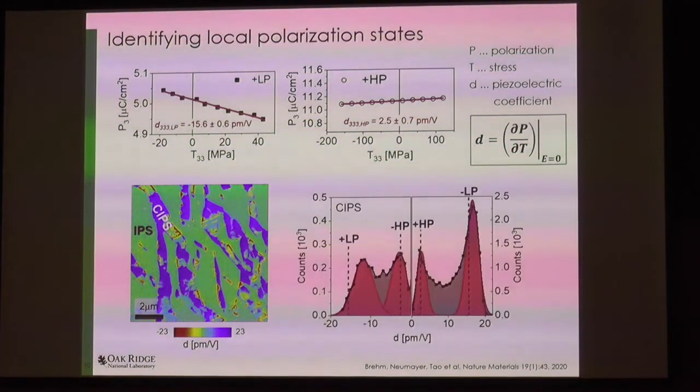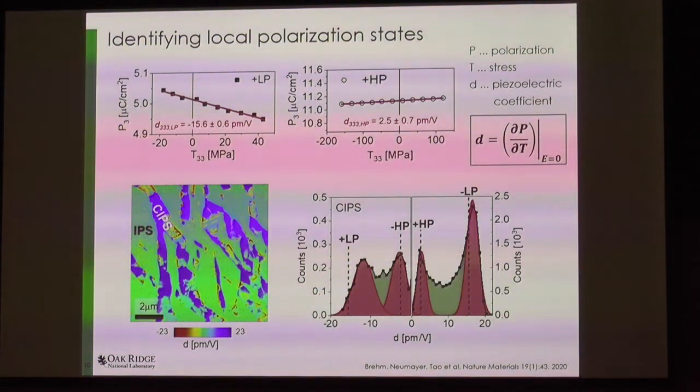If we plot the histograms, we can see that the maxima very nicely correspond to the theoretically predicted piezoelectric coefficients. So we use that basically to identify our polarization states.